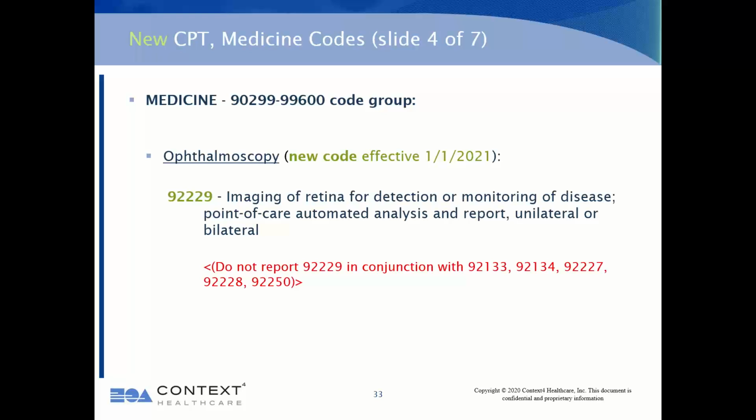The edit theme for code 92229 is that it should not be reported along with these codes, 92113 and 4, which is for scanning, computerized ophthalmic diagnostic imaging of optic nerve and retina respectively, as well as 92250, the code for fundus photography.